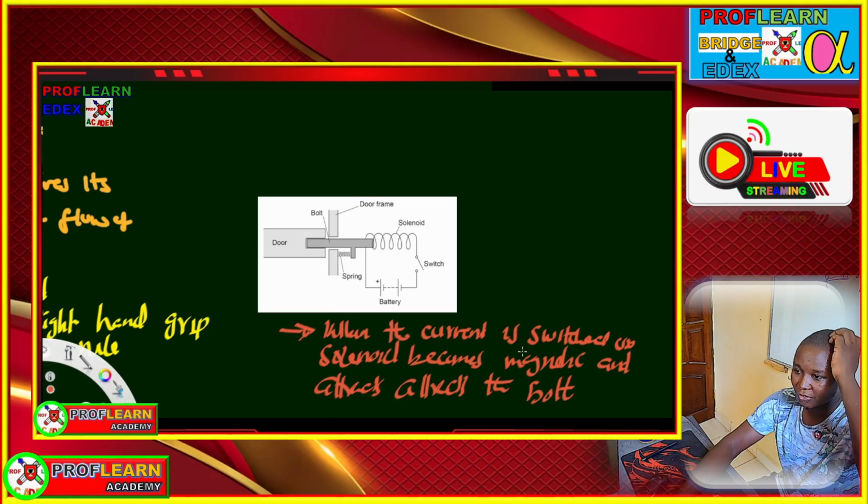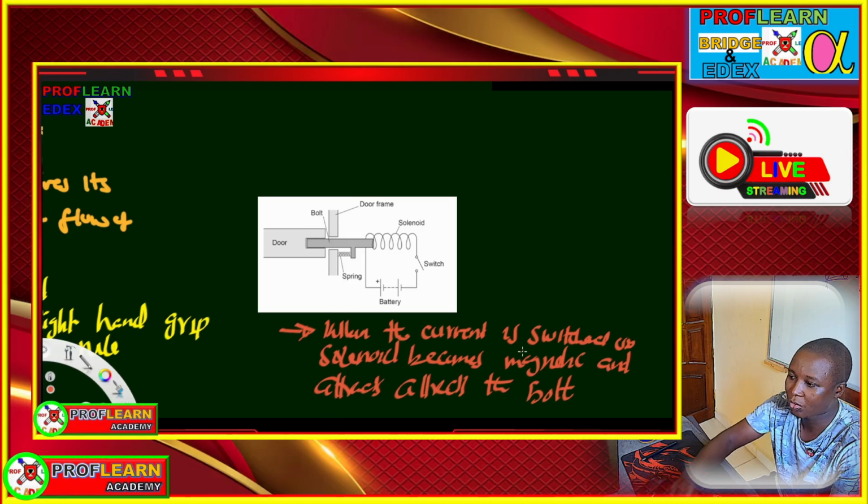For instance, if you have a bolt and a solenoid, the bolt will be attracted if you close the switch, because the solenoid becomes magnetic. The strength of the electromagnet depends on the amount of electric current flowing through.